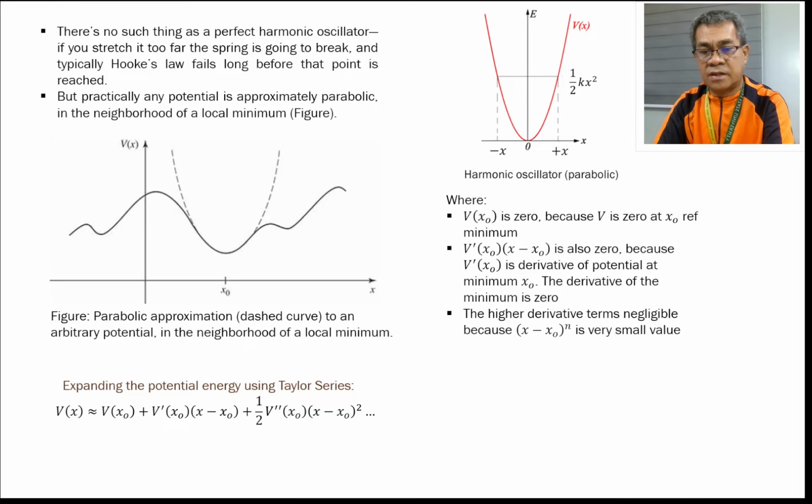So the significant term of the Taylor expansion is just one half times the second order derivative of the potential energy.